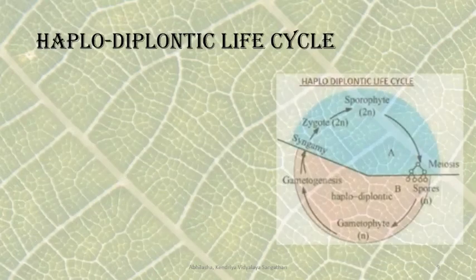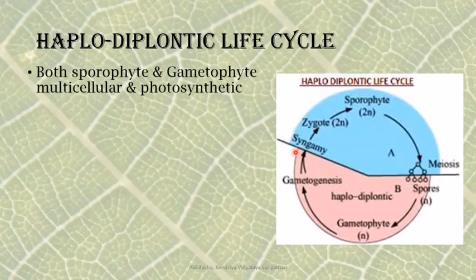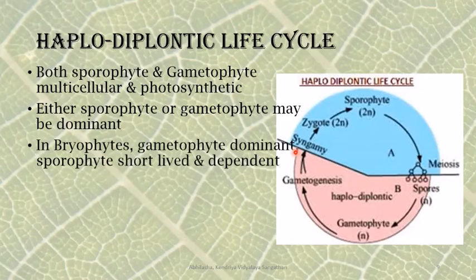The third one is the haplo-diplontic life cycle. In this you can see that both sporophyte and gametophyte become equally prominent. So both of these are multicellular and photosynthetic, both are independent. Either sporophyte or gametophyte may be dominant. In bryophytes, the gametophyte is dominant.